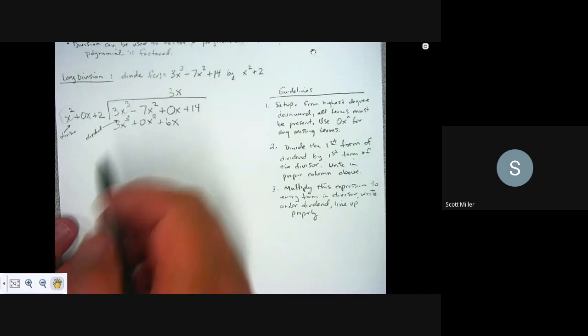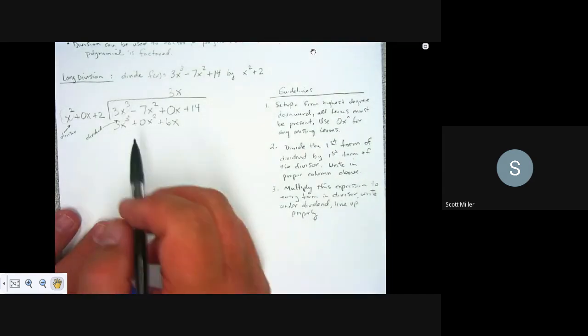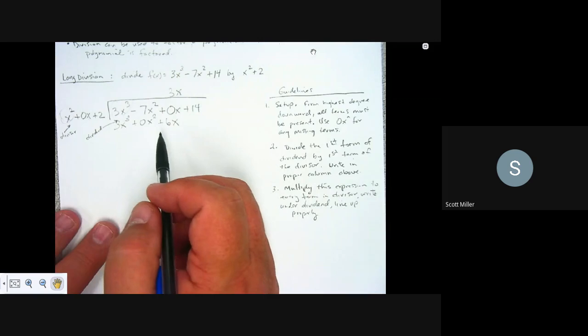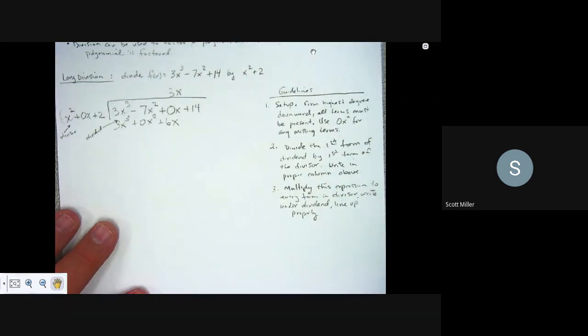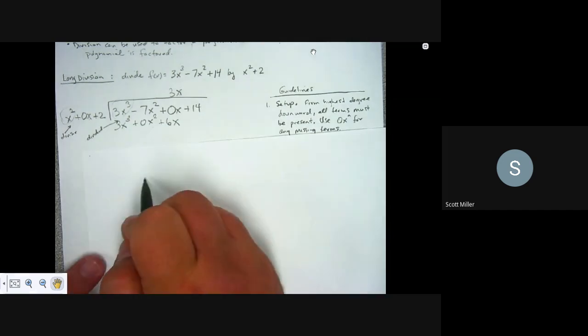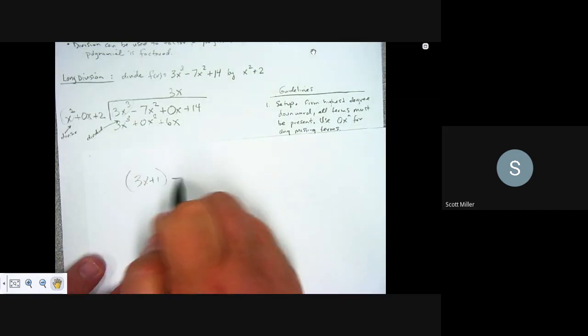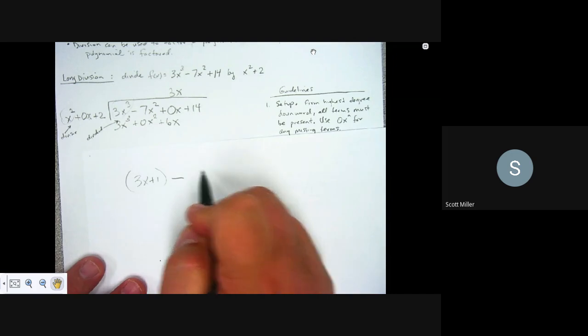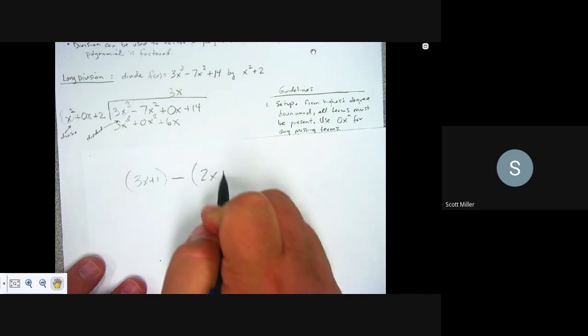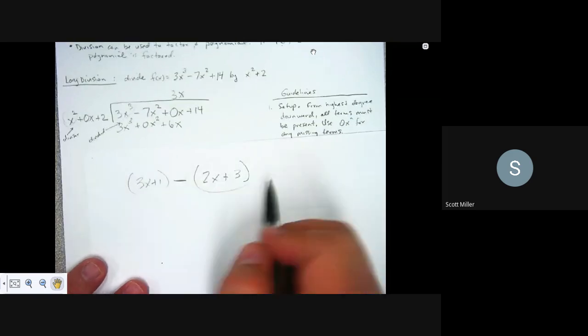Well, in grade school, when you did this, you subtracted. Well, here we're subtracting polynomials. So I want you to visualize, and I'll just show you what we're having. If I have a 3x plus 1, and then I want to subtract a polynomial that's 2x plus 3, I'm subtracting the whole polynomial, which would be in parentheses.